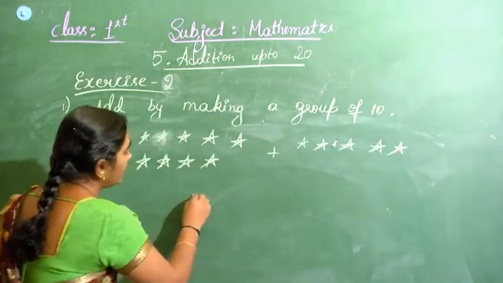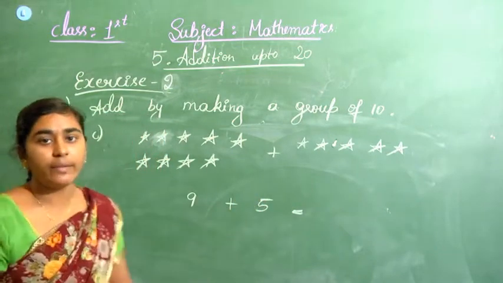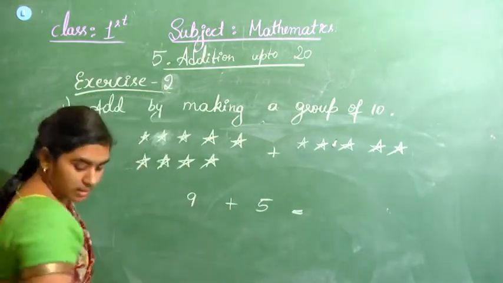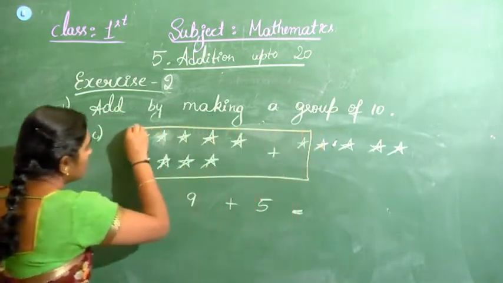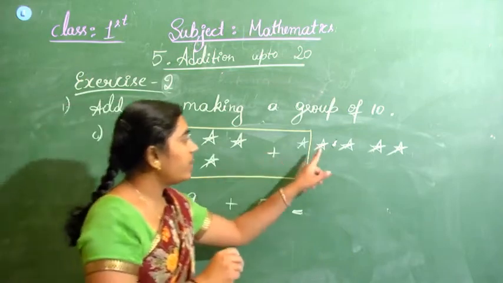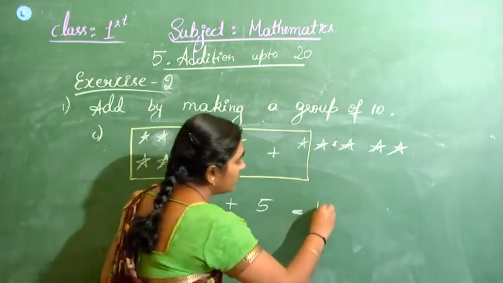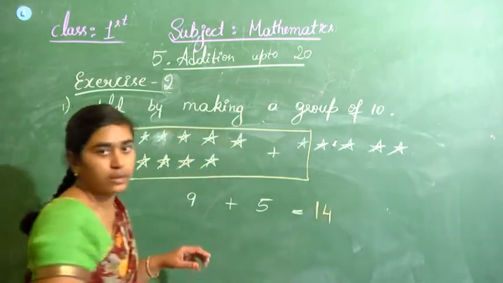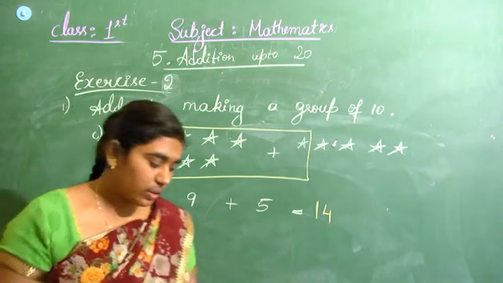What should be added to the 9? For 9, we need to add only 1 star. Right? 9 plus 1 will be a bundle of 10. 10 plus 1, 2, 3, 4. 10 plus 4 is 14. So 9 plus 5 is 14. Like this you need to solve.